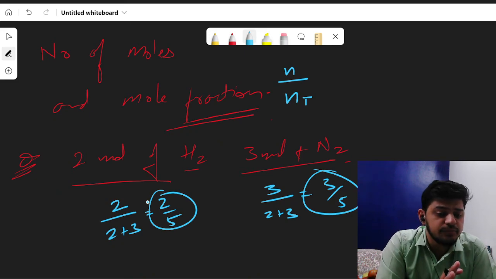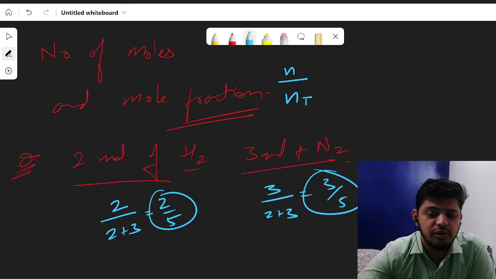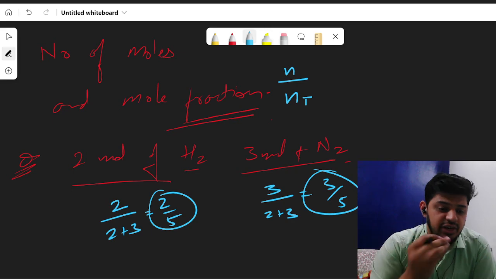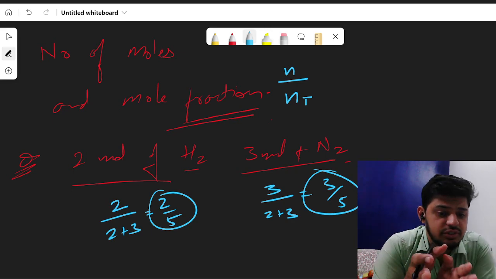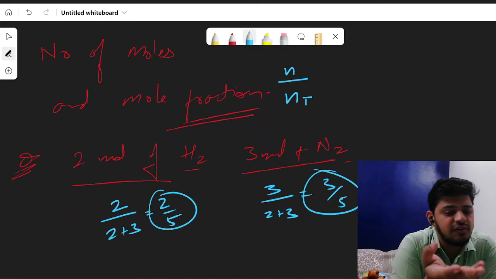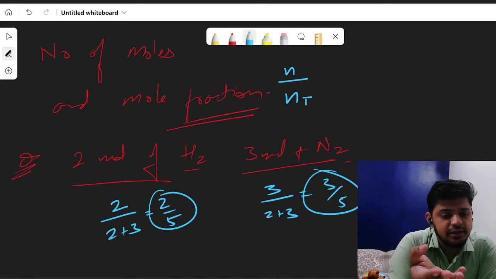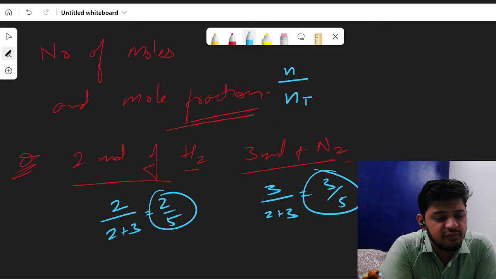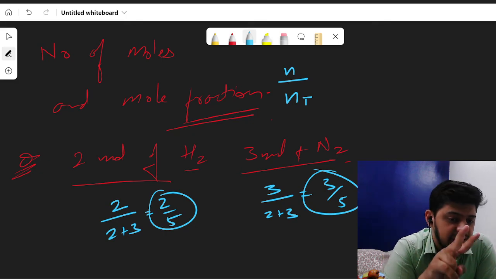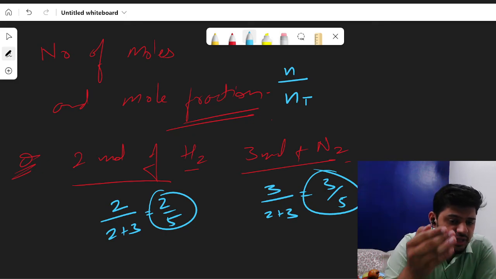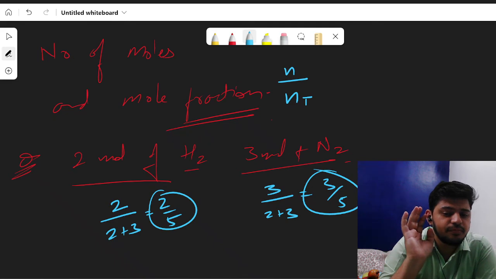Did you understand what the mole fraction is? For example, this was a question of moles. If I give you 2 gram of hydrogen and 14 gram of nitrogen, first you will convert gram into mole, then mole into the mole fraction.